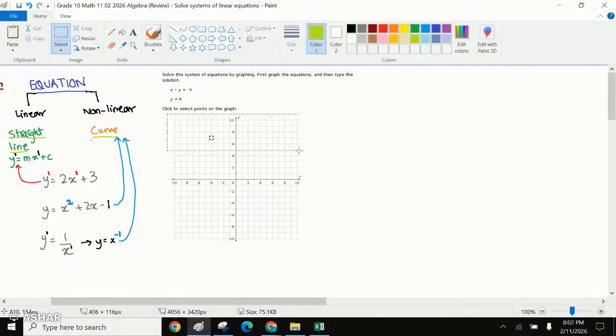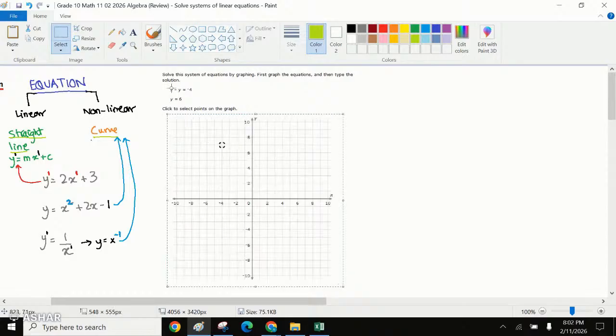If this was the question given to us, and these were the two equations, the first equation was x minus y equals -4, and the other equation was y equals 6. For question number 1, they're asking us to draw these graphs.